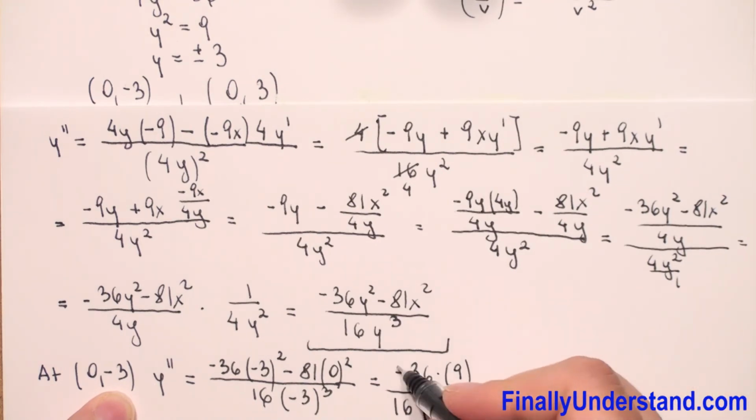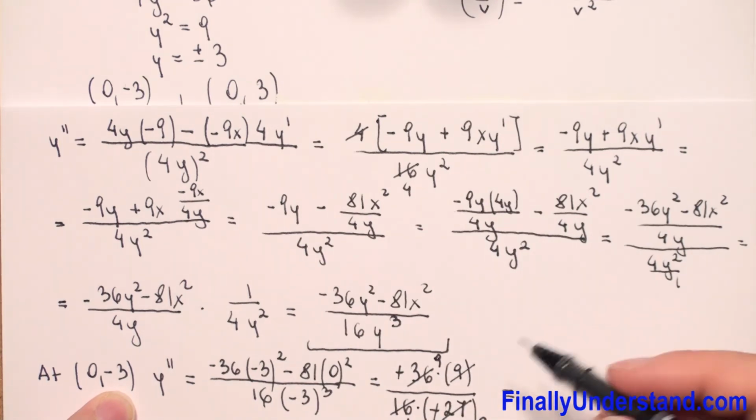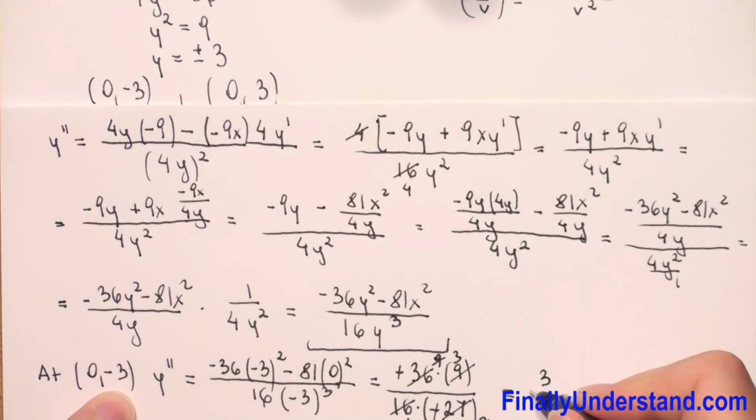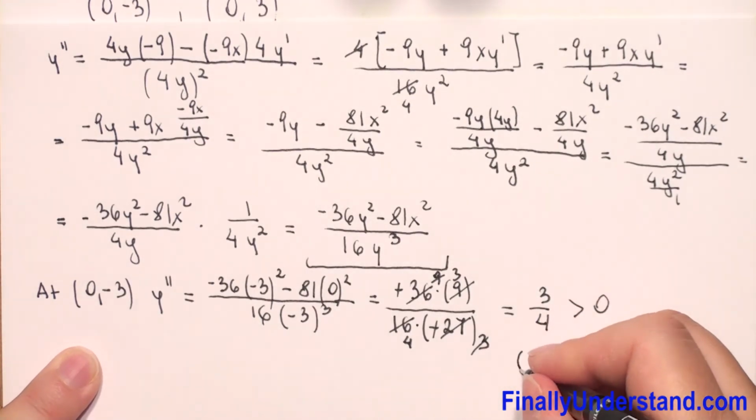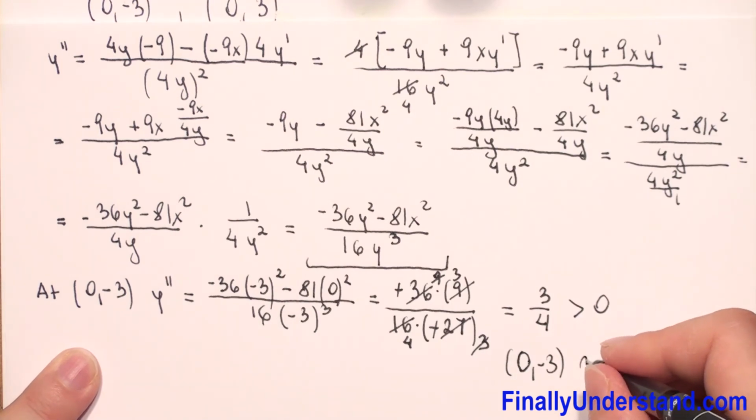Now, negative and negative give us positive. Because we have multiplication, we can reduce 9 with 27 will be 3. And 36 with 16 divided by 4 will be 9 over 4. And we can reduce 9 with 3. So will be 3. So we have 3 over 4. 3 over 4 is positive number, so it means at point 0, negative 3, we have minimum.